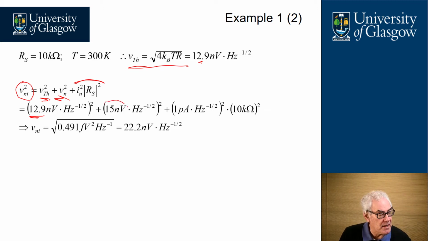We have 15 nV/√Hz from the amplifier specification, and we have 1 pA/√Hz multiplied by 10 kΩ, and we take the square of those to get the effective voltage squared due to the noise current flowing into the source resistance. And that gives us a total figure for our circuit here of 22.2 nV/√Hz.